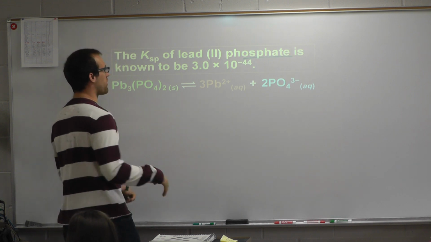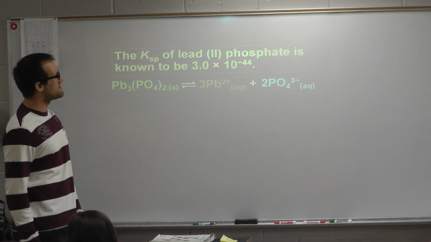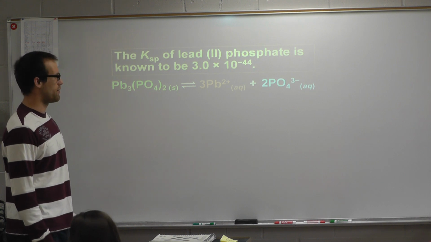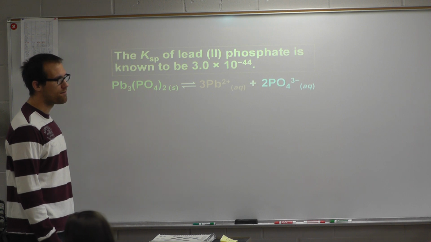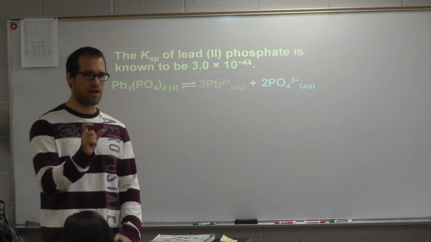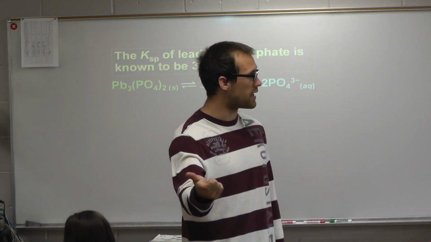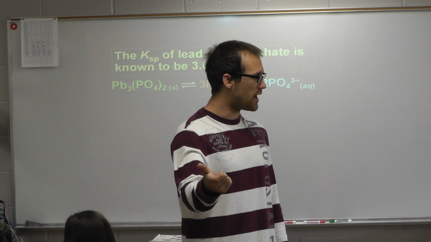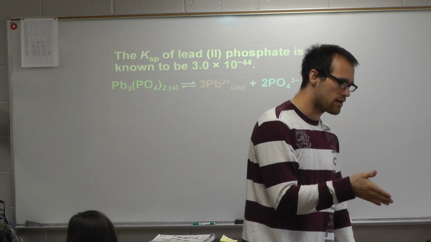But please focus here, because you have to figure out what it is that they're asking you to solve for. What did they give you in this problem? The KSP. If they give you KSP, they usually want you to solve for the solubility. If they give you the solubility, you're usually solving for the KSP.